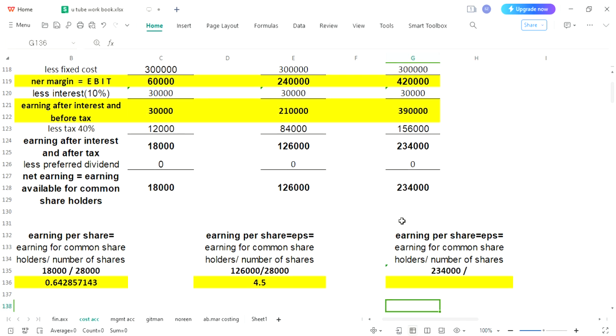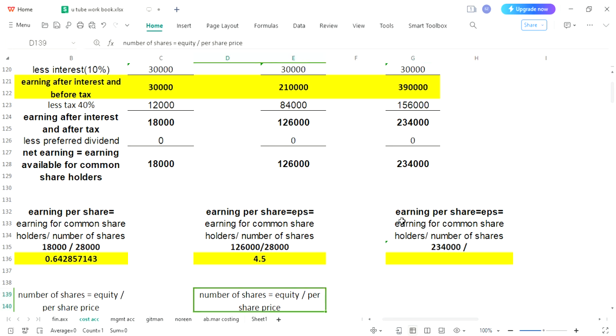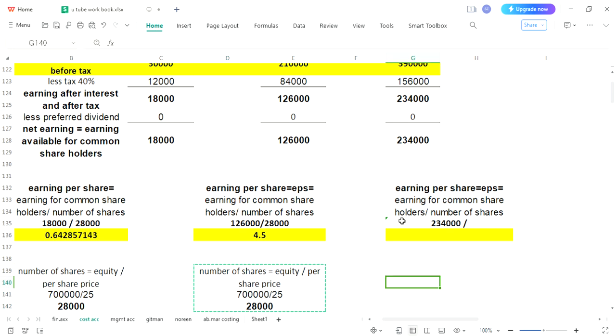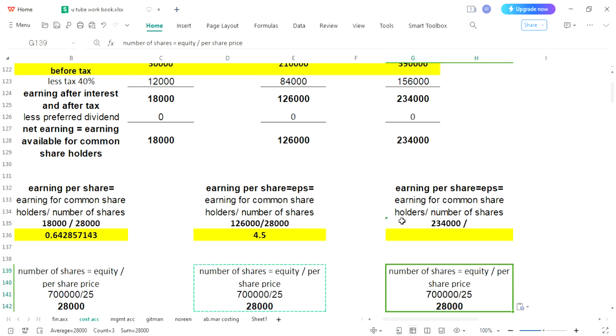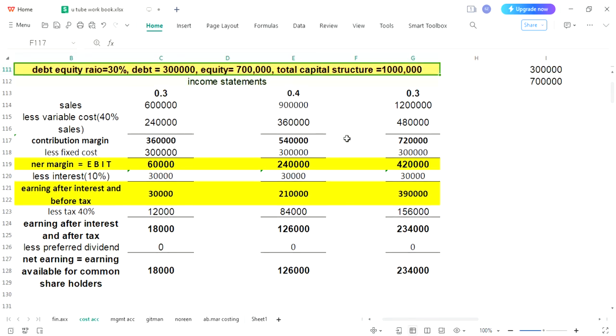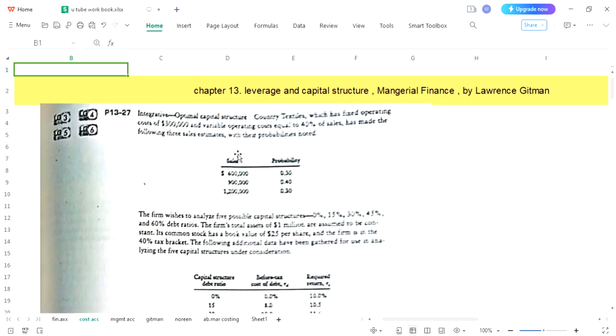For the number of shares, as you know, your number of shares would be shared for all parts of this section. As you know that equity is mentioned at the start, that we have 7 lakh equity, and per unit price 25, it was mentioned in your question. Look, read it down.